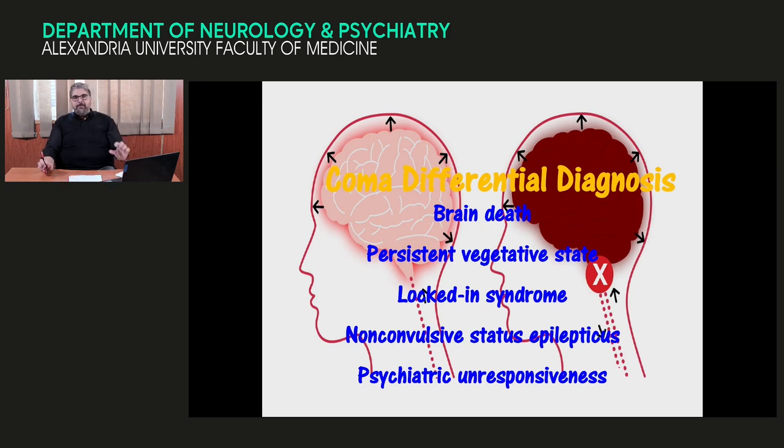We'll give a small hint about each of them, because they actually simulate coma in some way or another, and most of them involve impairment either in the state of arousal or in the content of arousal. For sure, most of them involve irreversible damage to the brain, and of course, each one of them has its specific clinical criteria.